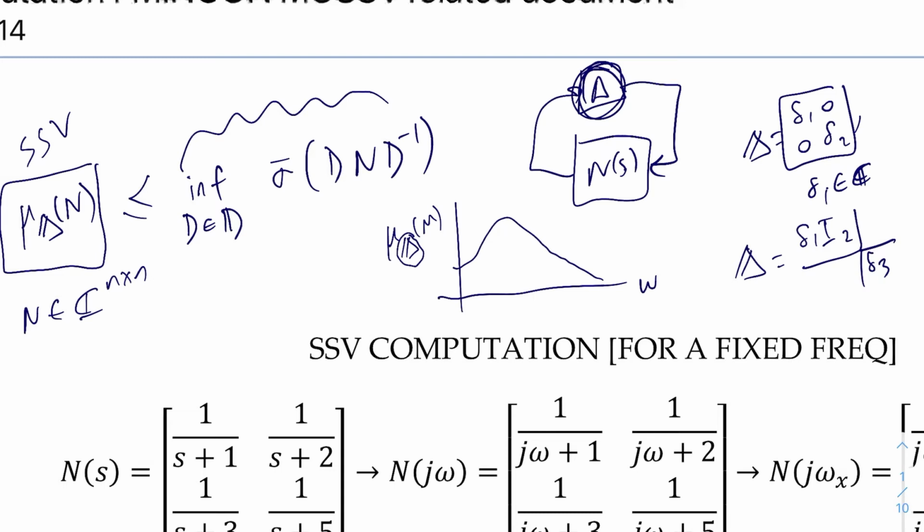The capital delta, the uncertainty set, can also be, for example, this is square and this is square, and the whole uncertainty, the delta, is square.